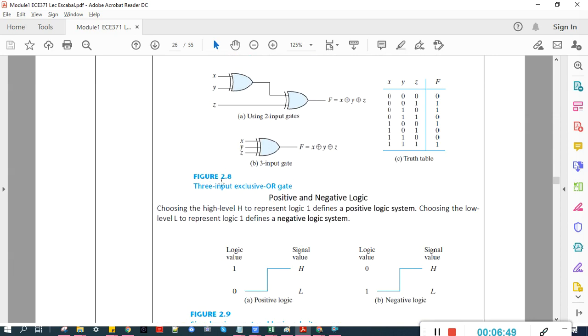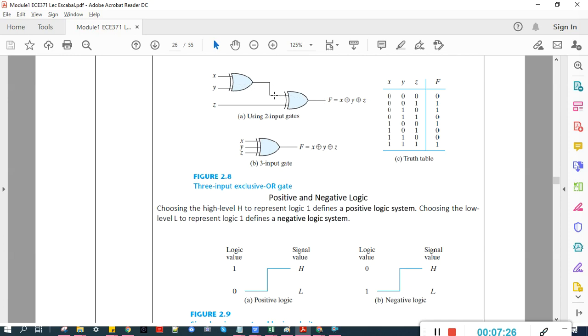Another example, we have the 3-input exclusive OR gate. For letter A, we implement this, X exclusive or Y exclusive or Z, with two 2-input exclusive OR gates. We first perform exclusive OR of X and Y, and then exclusive OR of that result and Z. You can check this yourself.